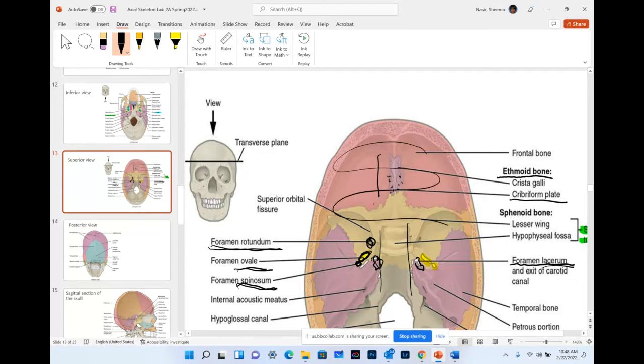Brain is sitting in here. So olfactory nerve from the brain goes down and pierces through these and then hangs down in your nose. Do you understand? In your nasal cavity, and that's how you're able to smell.